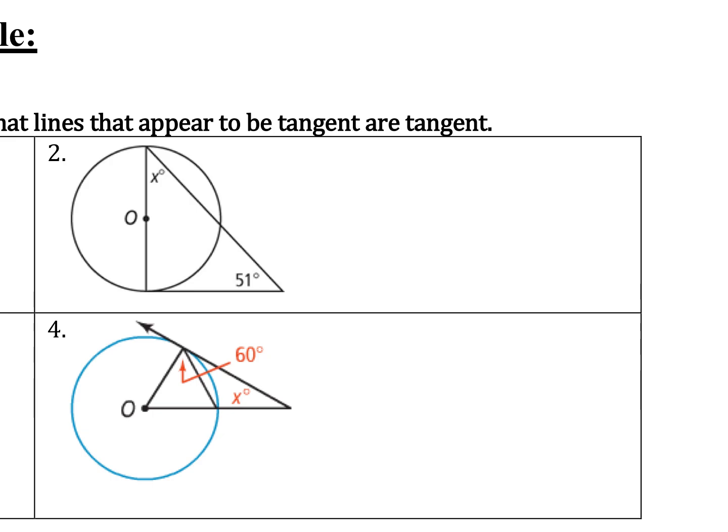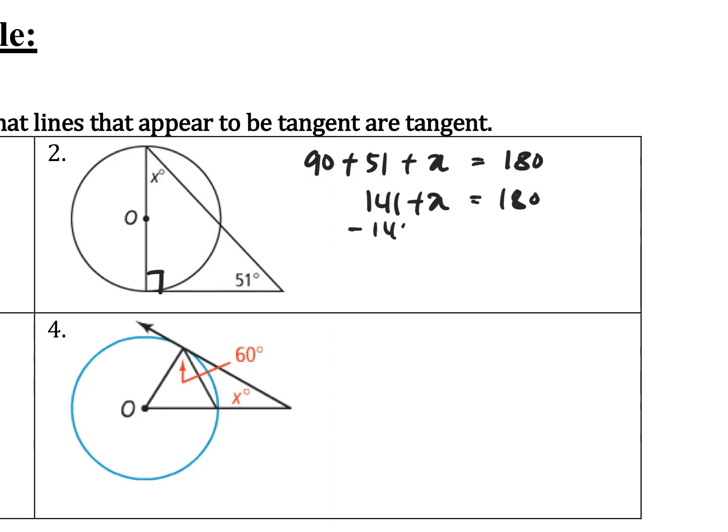So we're going to do that. Here, this is considered 90. So 90 plus 51 plus x is equal to 180 degrees. So this is going to give you 141 plus x is equal to 180, so x equals 180 minus 141. Therefore, our x here is going to give you 39 degrees.